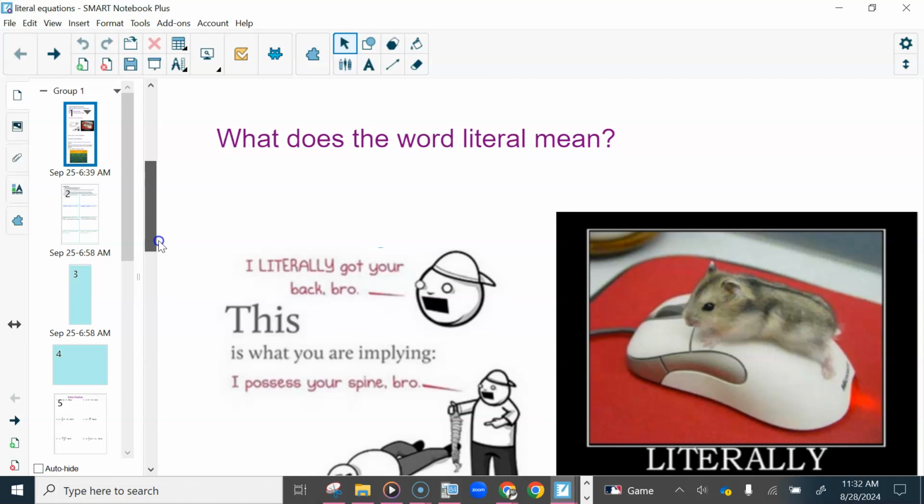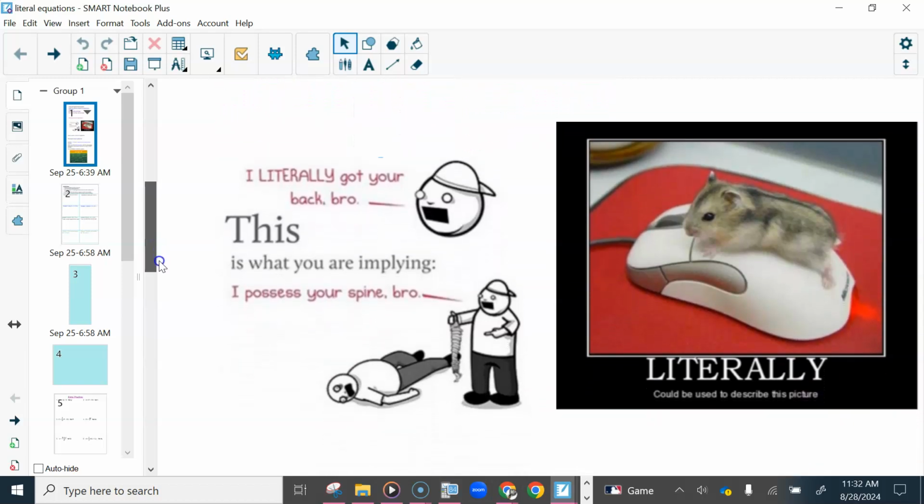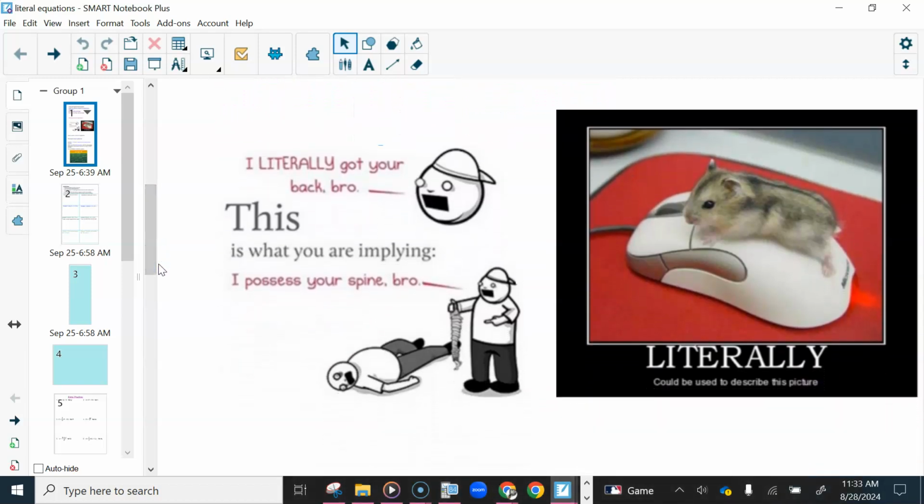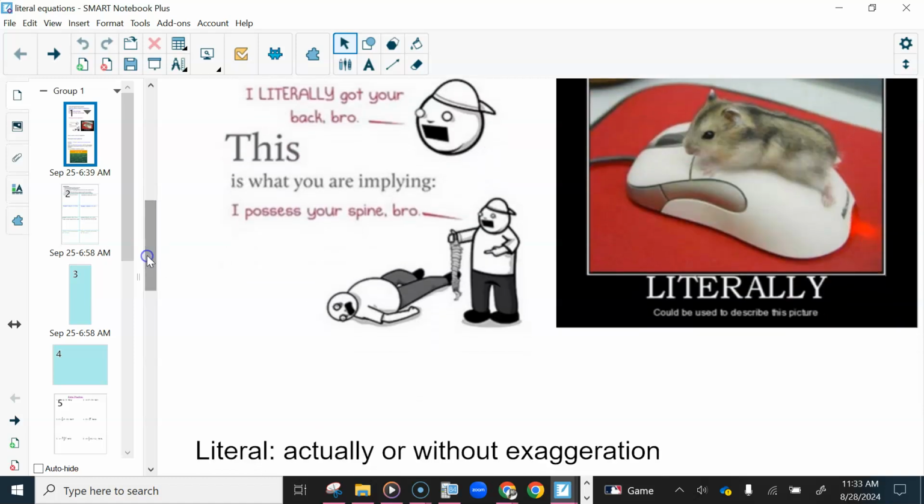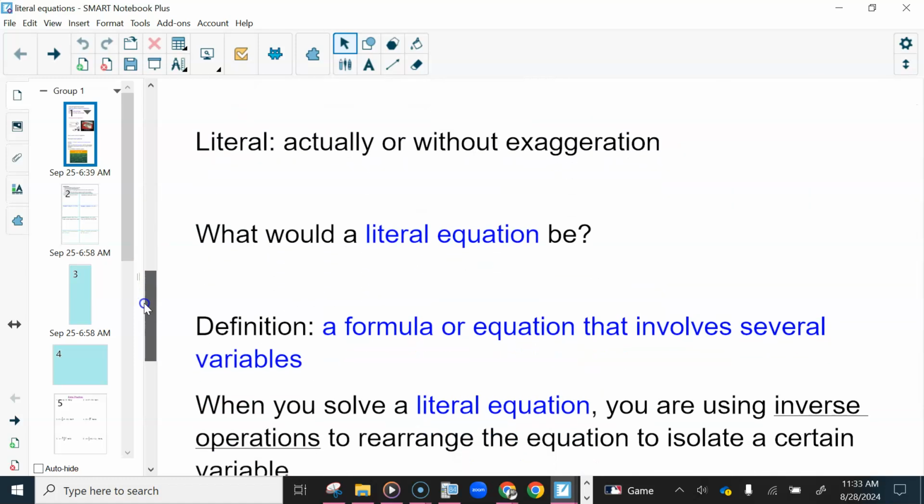So then when we look at, well, these are just some more literal examples. When you say I got your back, you're not literally meaning this, because that would be scary. Just so that we're all clear on what literal means, actually or without exaggeration.